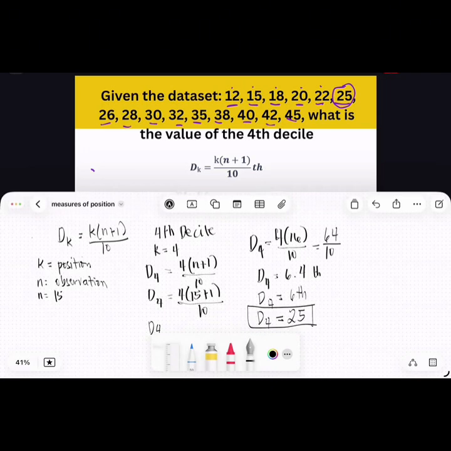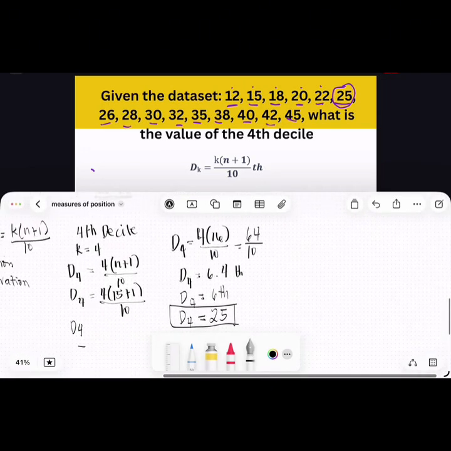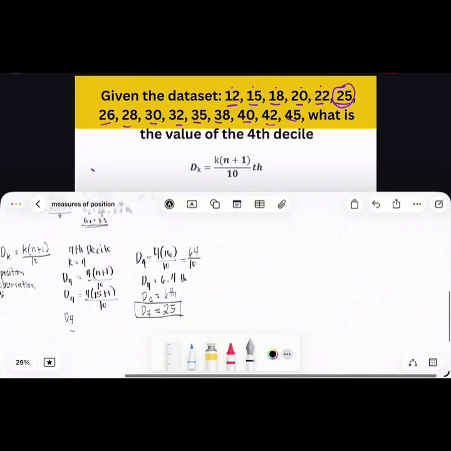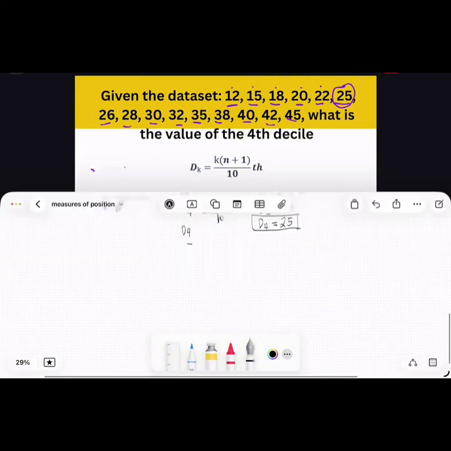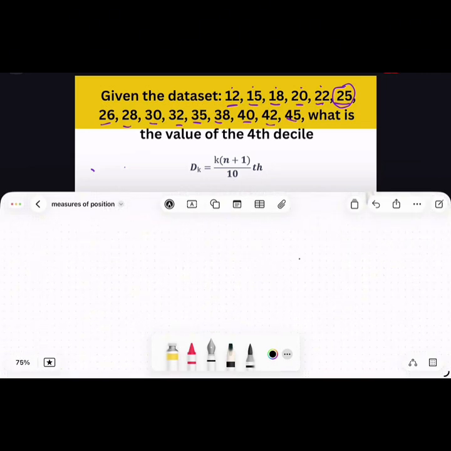Okay, so now let's proceed with our next. So fifth decile, which is the median. So let's solve here. Fifth decile. Therefore, k is equal to 5 and n is equal to 15. So now let's rewrite the formula.